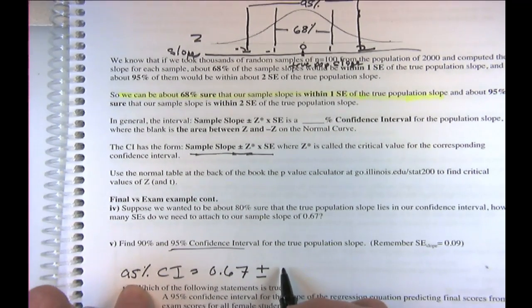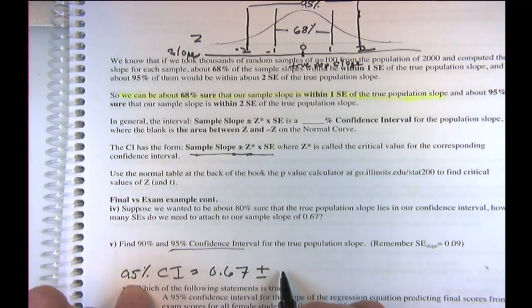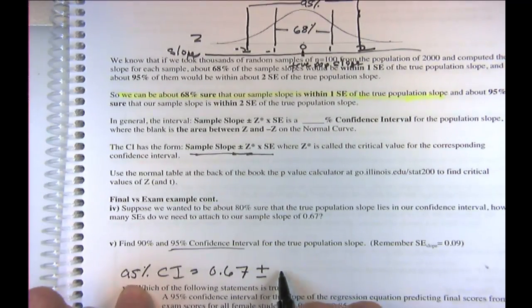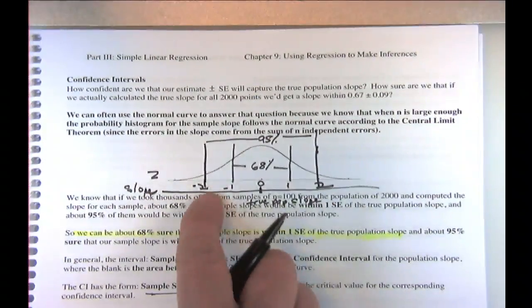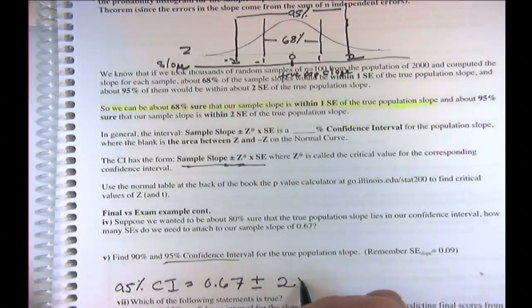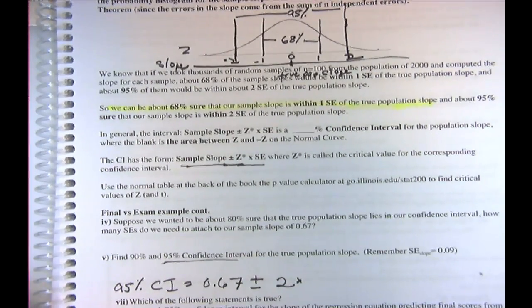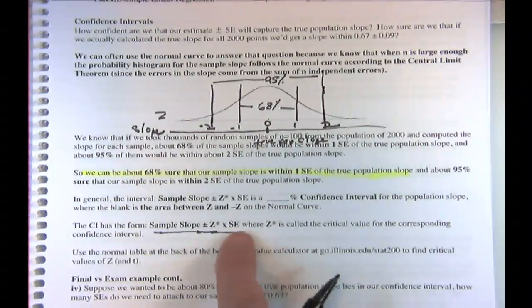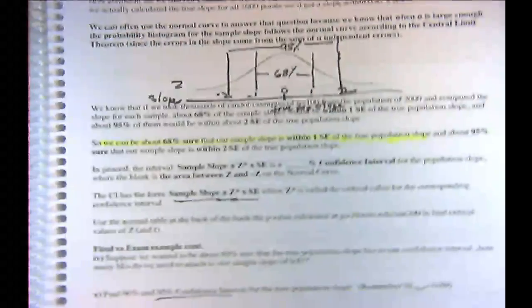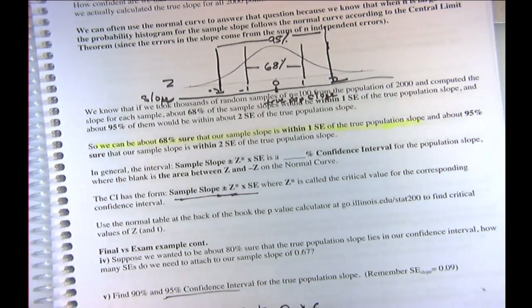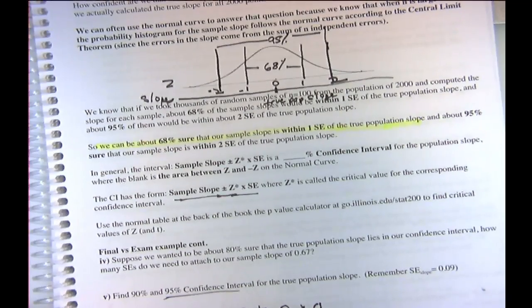We know it's 1.96, but is it okay if I round to 2? Do you know what the critical value, z star, is for 95%? Do you understand that? Because between 2 and negative 2 is 95%. And we're going to multiply that by the standard error that we got. We're just following this, and I'll explain why it works. The standard error, we calculated before, to be 0.09.